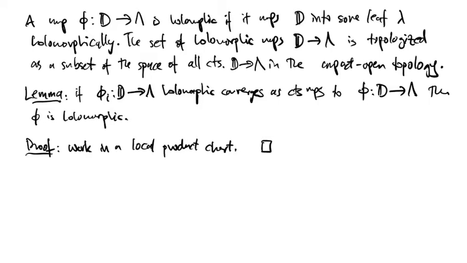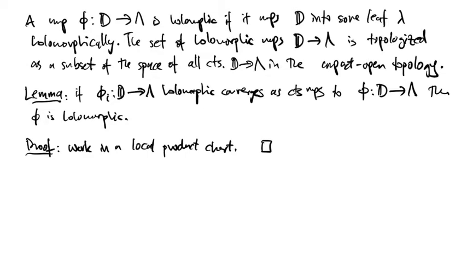In this topology, we have the following lemma. Suppose phi_i is a sequence of holomorphic maps from the unit disk D to the lamination lambda, and suppose this sequence converges as a sequence of continuous maps to some continuous map phi from the unit disk to lambda. Then phi is holomorphic.